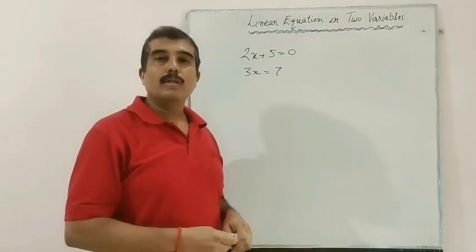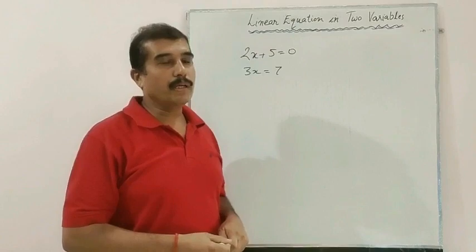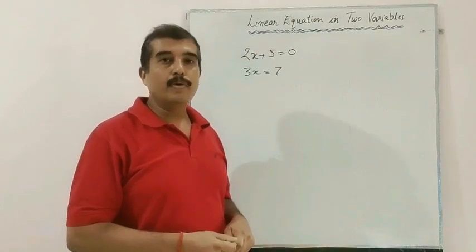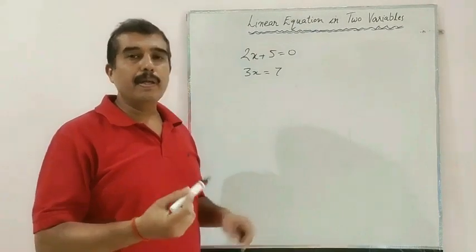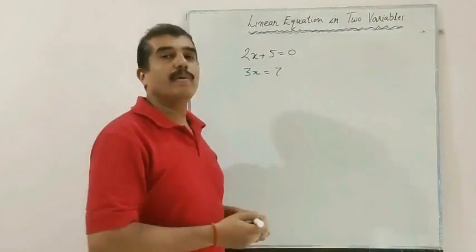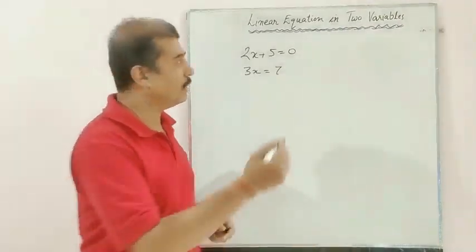The sum of the total runs scored by two players of a team during a cricket match, let it be 176. So how can we represent it in the form of a linear equation?